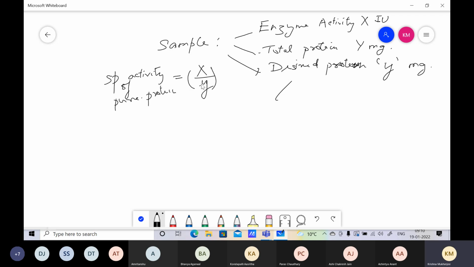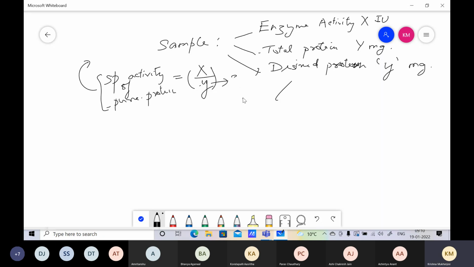Because you know this specific activity from literature, it is already known. For any protein, from literature, you can know the specific activity of the pure protein. If you know this, and if you know X, then you can calculate y.